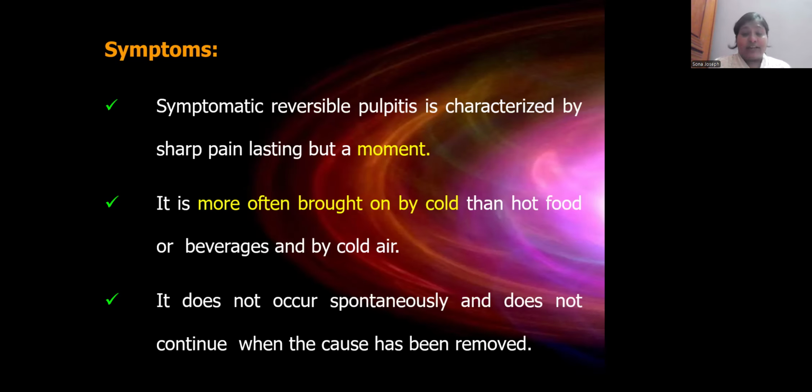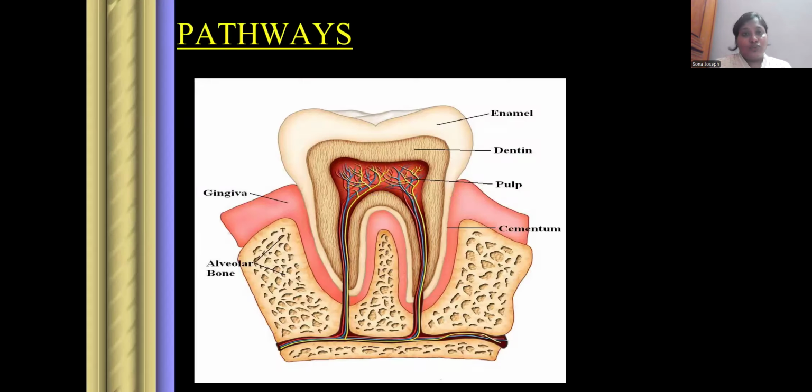So in reversible pulpitis, it is more affected by cold, whereas in irreversible pulpitis, where the inflammatory condition has gone to the core of the pulp, the patient will also be affected by heat. It does not occur spontaneously and does not continue when the cause has been removed.